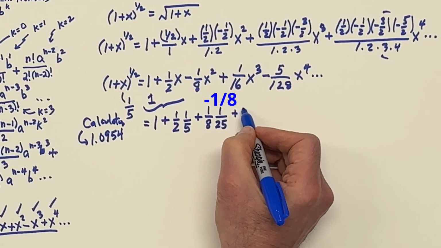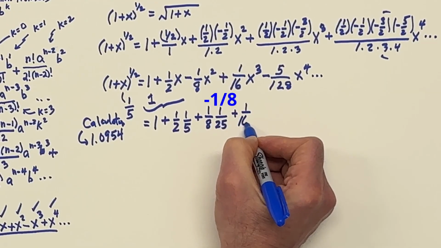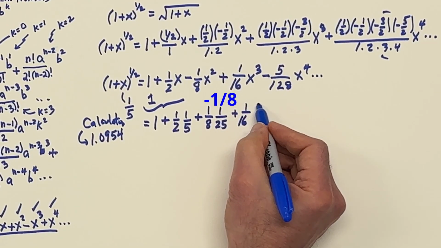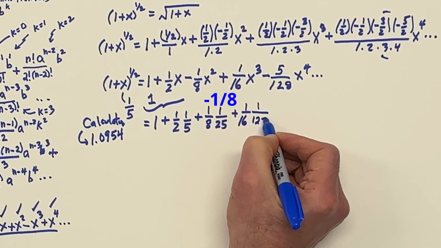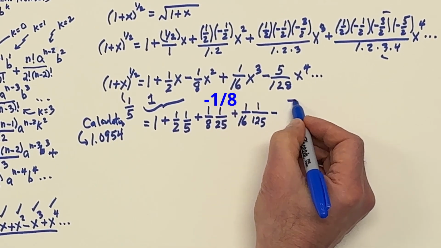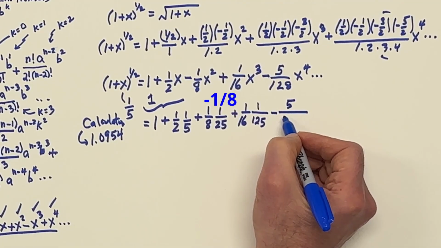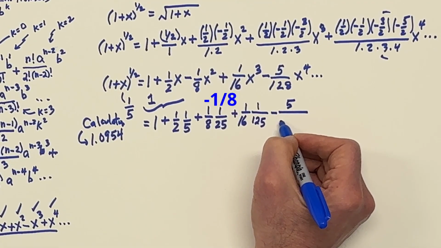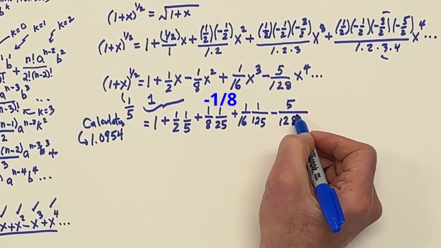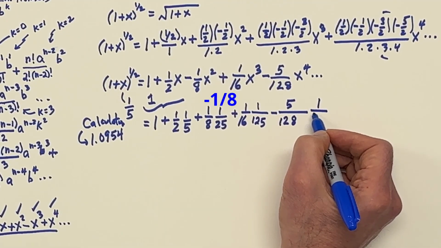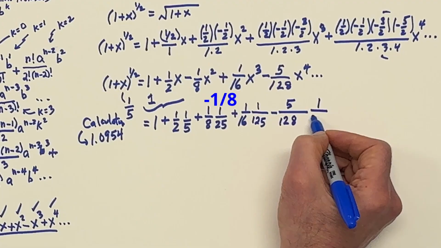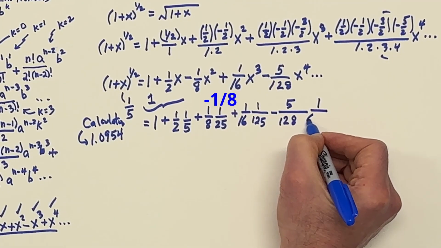And then plus 1/16 over 1/5 cubed. 5 times 5 is 25, and times 5 again is 125. And then minus 5 over 128. And now what is 1 over 5 to the 4th power? Well, that would be 25 times 25. 25 times 25, for some reason, I remember that, 625.